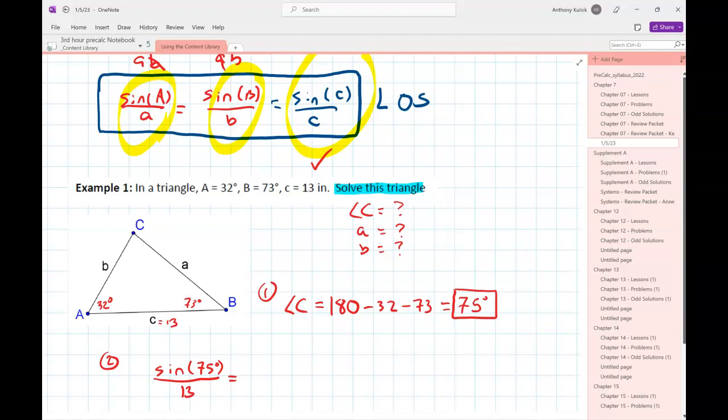For the sake of argument, I'm going to solve for side A next. So there's my law of sines. Notice that I'm never going to use all three pieces together. I'm always just going to take one thing and set it equal to another one thing.